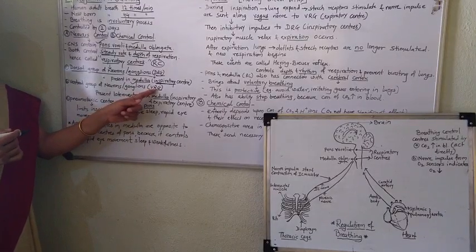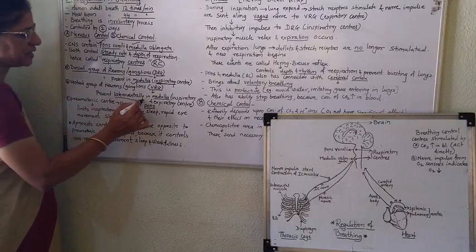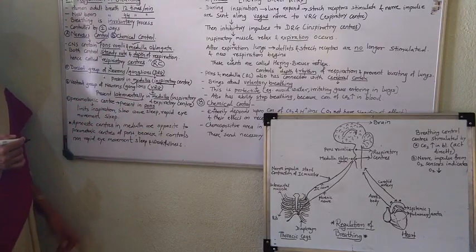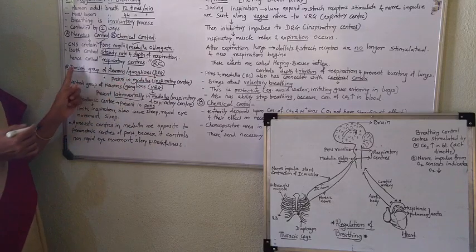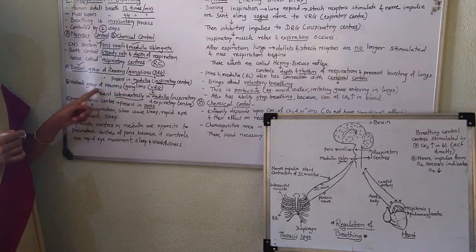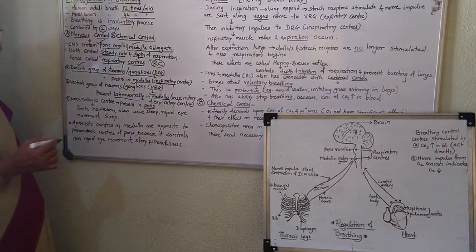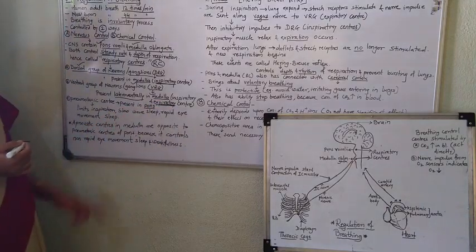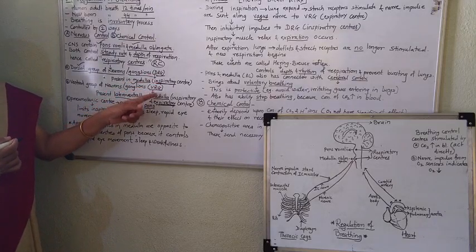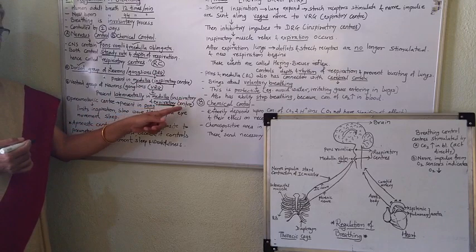V for ventral, R for respiratory group, G for ganglion, VRG. This is present ventrolaterally in the medulla. The DRG is present dorsally, that's why the name is given dorsal, whereas the ventral group or VRG is present ventrolaterally in the medulla. And this respiratory center is mostly an expiratory center. DRG is inspiratory, VRG is expiratory. But in our textbook, additionally, the inspiratory center is also mentioned.